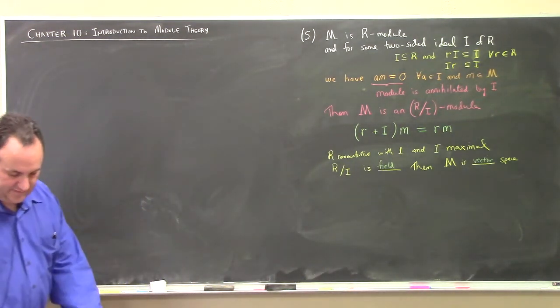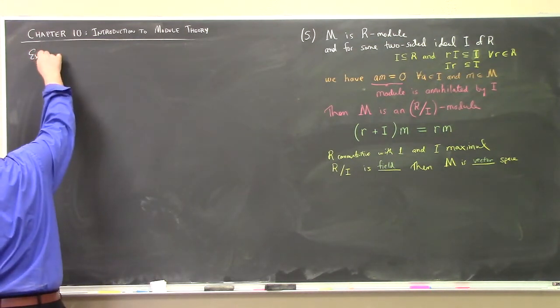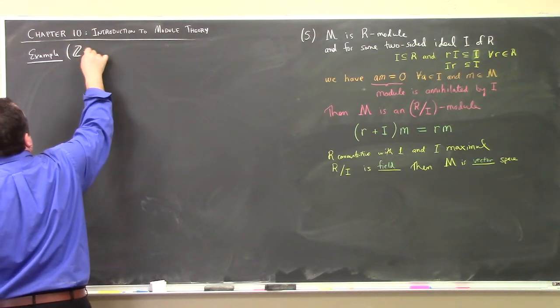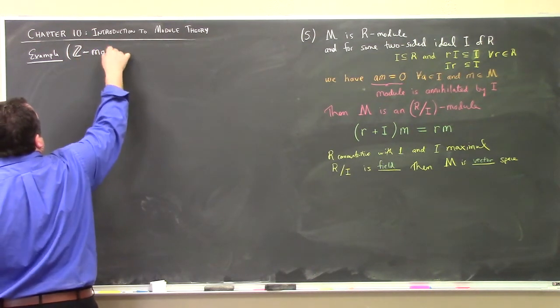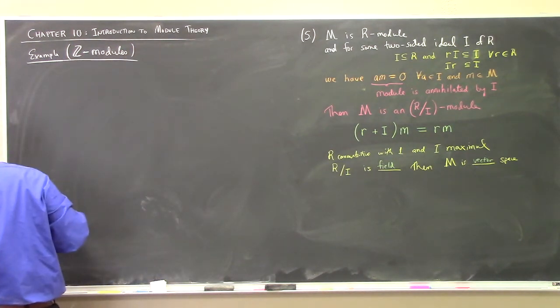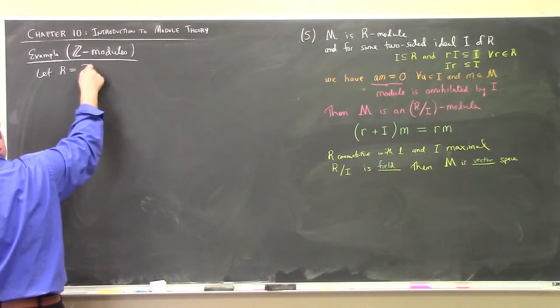So here's the Z modules example. What can we say about Z modules? He says let R equal Z, right?